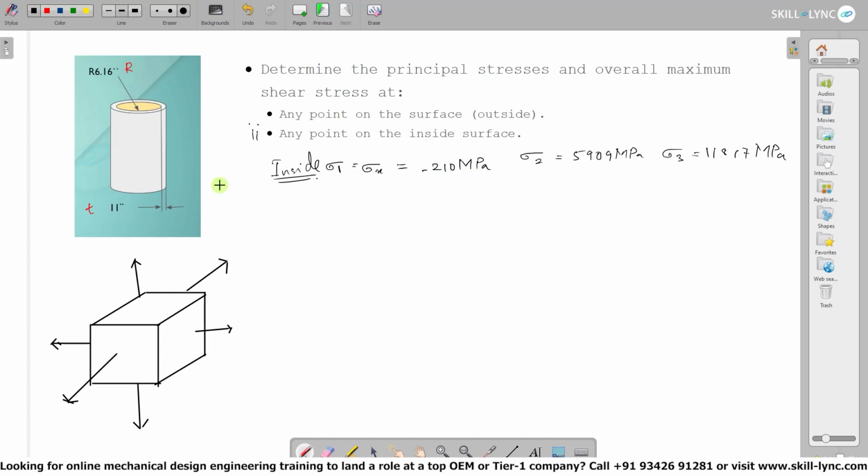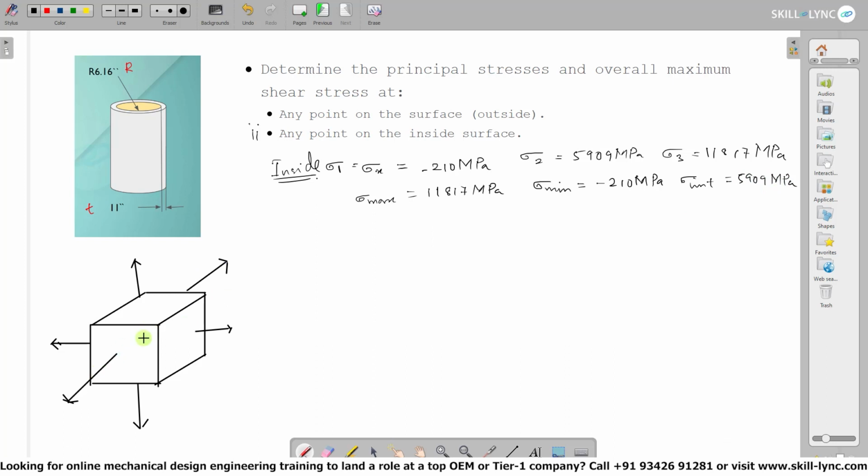When we take the minimum, maximum and intermediate stresses, sigma maximum is going to be 11,817 as always. Sigma minimum is going to be minus 210 MPa, which is the pressure inside the vessel exerted by the liquid. And sigma intermediate is going to be 5909 megapascal.